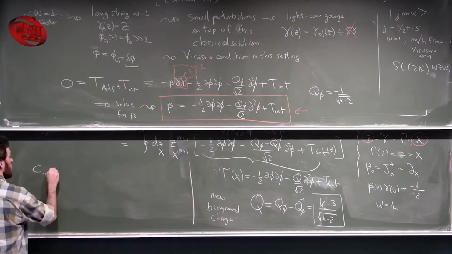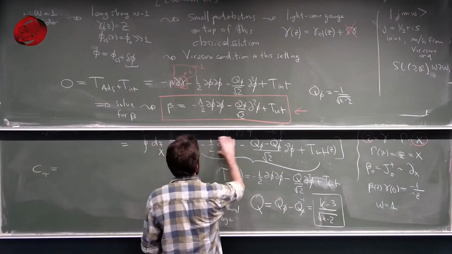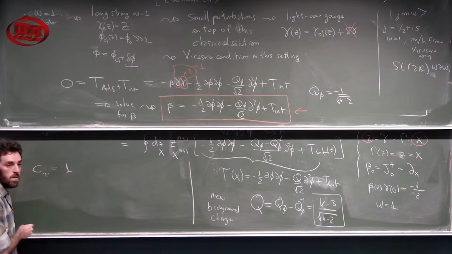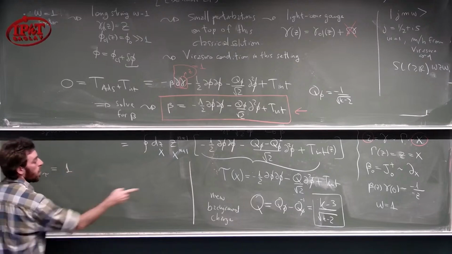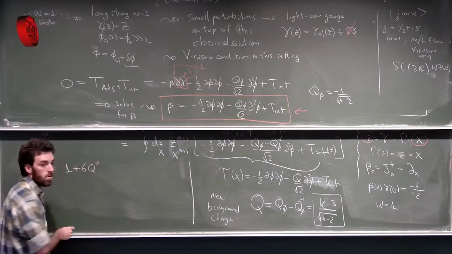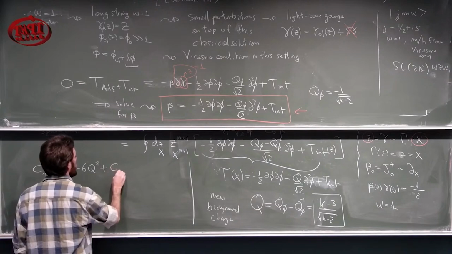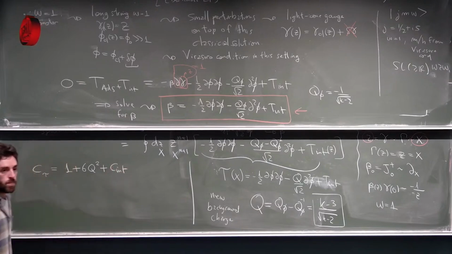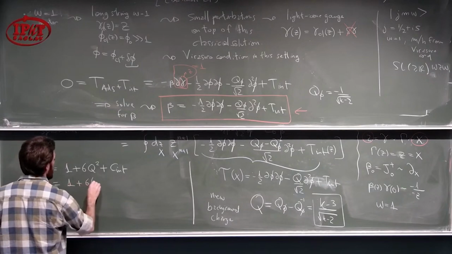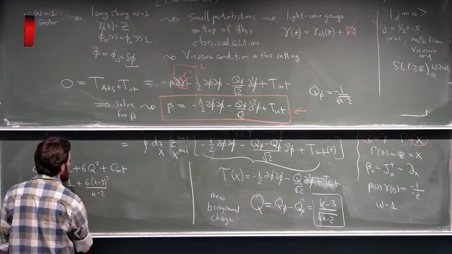And I do the computation. In my conventions, when you have just a scalar field, you would have a 1 here for the central charge. If you have a background charge, this changes. In my conventions, you add some q squared, right? And then you add the internal guy, which looks like k minus 3 squared over k minus 2.